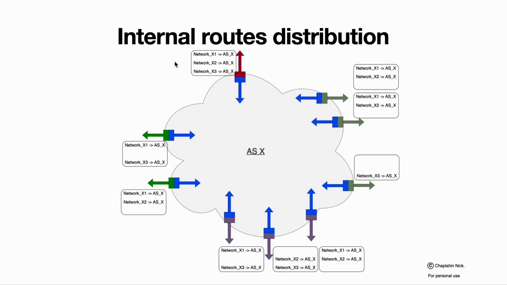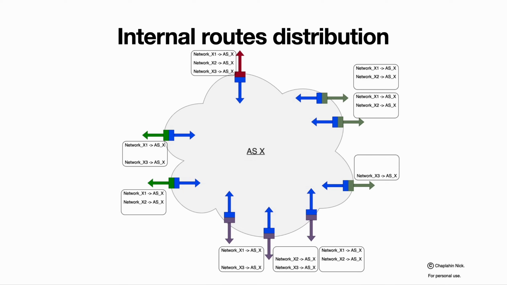BGP is so complicated because it is configurable which information about which networks to transmit, apply, and send to the devices within the autonomous system. Not all information needs to be visible to the neighbors or to the devices within the autonomous system.